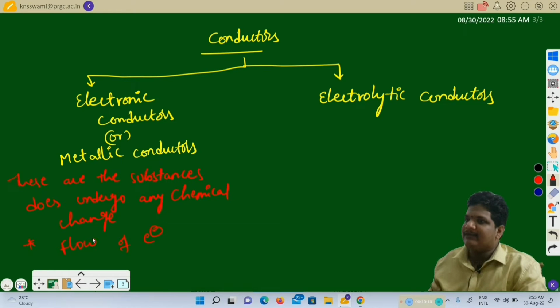In the case of electronic or metallic conductors, they conduct electric current due to flow of electrons. So in the case of metallic conductors, we cannot observe any mass transfer. Mass is not transferred.